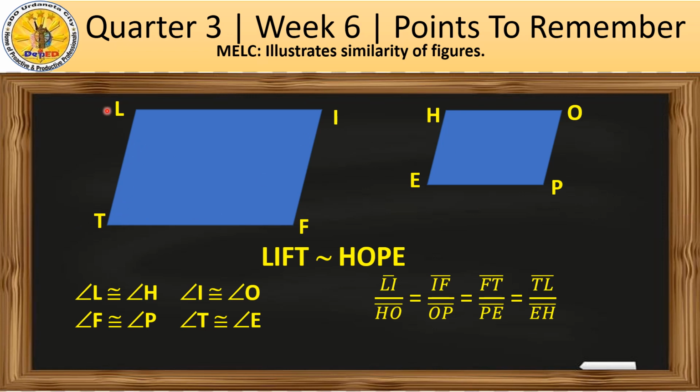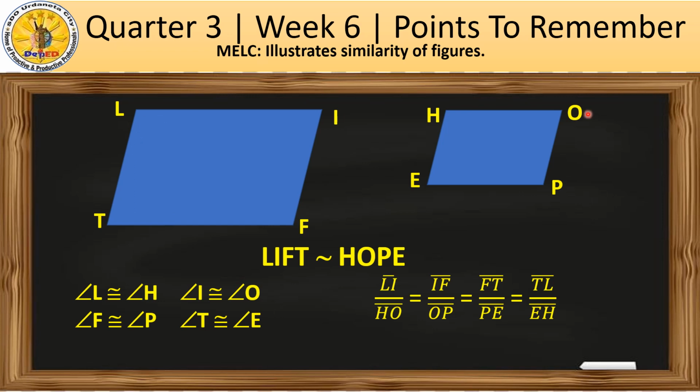We have parallelogram LIFT is similar to parallelogram HOPE. In symbols, we are going to write it like this. So the symbol in the middle, that is the symbol for similarity. Now, why are these two parallelograms considered similar? Aside from having a one-to-one correspondence between the vertices, it has 4 pairs of corresponding angles that are congruent.